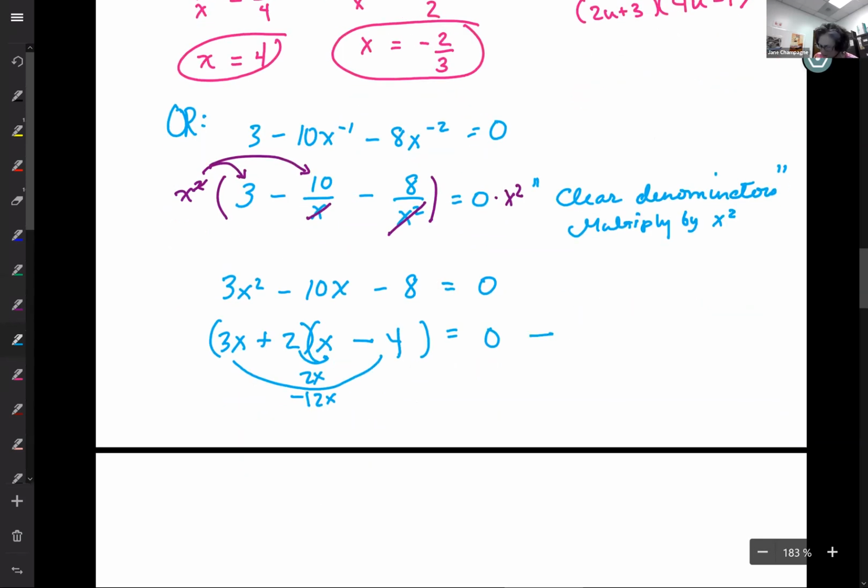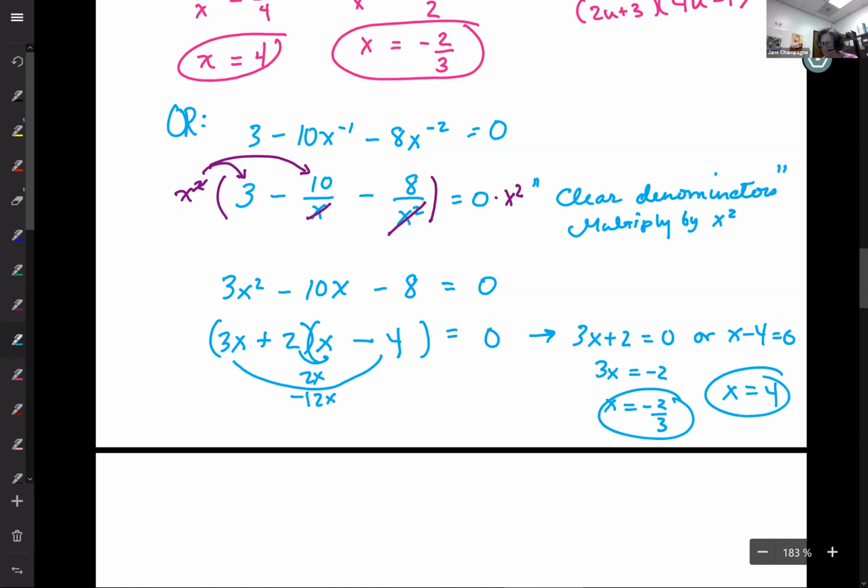So then, setting each factor equal to 0, you get 3x equals -2, x is -2/3, or x is 4. Same answers. But some of them, like I think this next one, number 5, the only way to go is substitution.